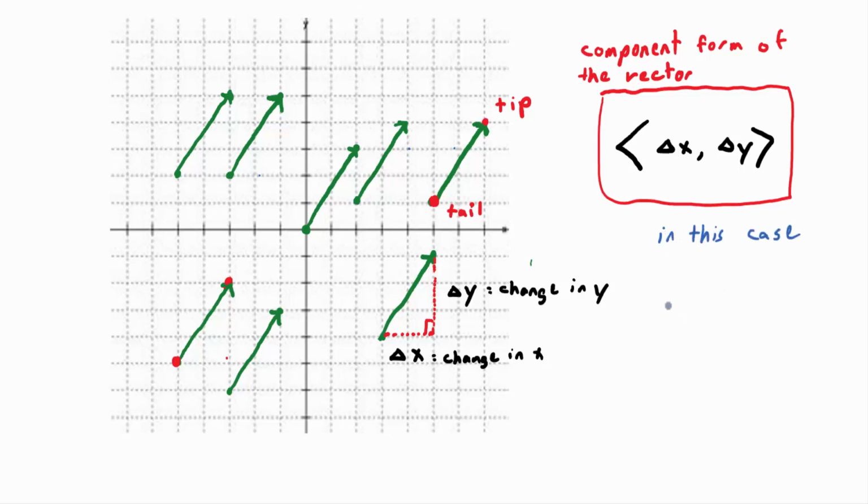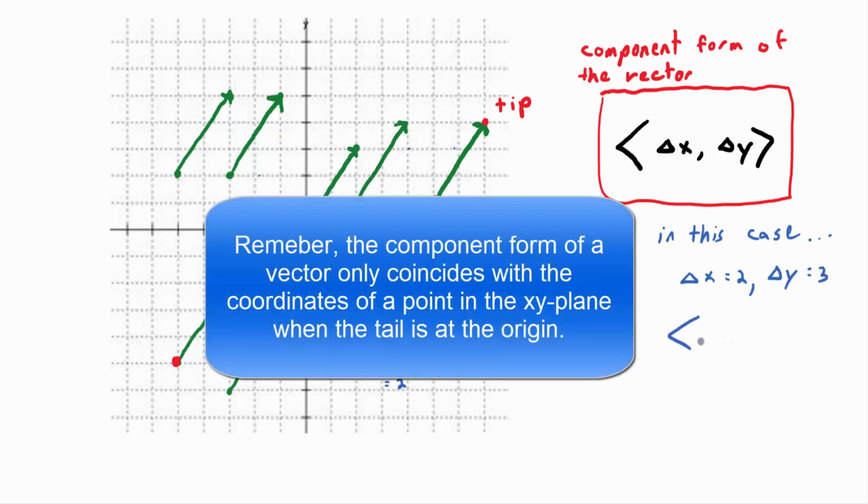How do we represent the vector? Delta x is equal to what? In this case, 2, and delta y is equal to 3. So we would represent the vector as the ordered pair 2, 3.